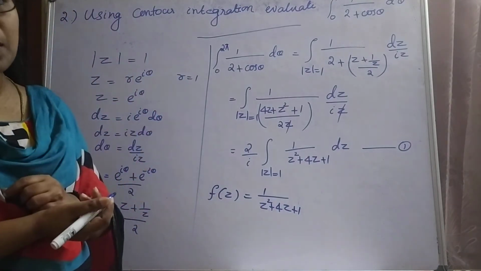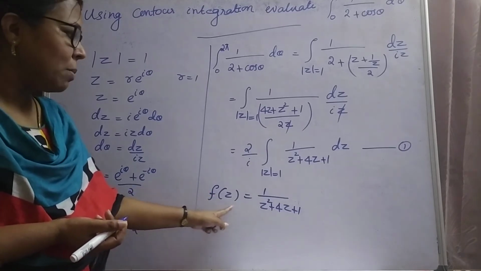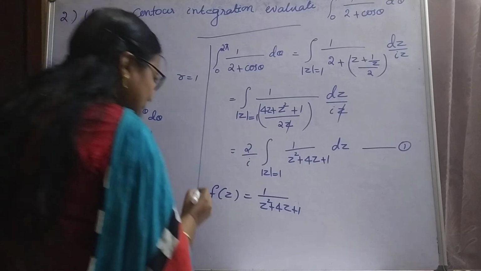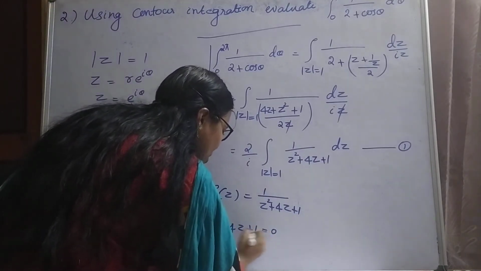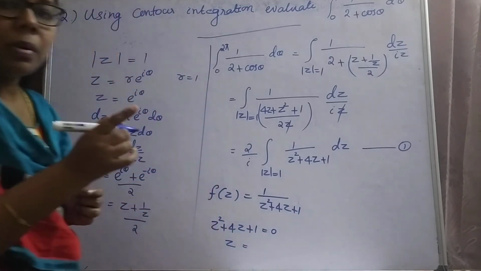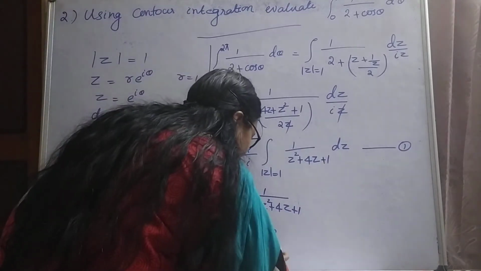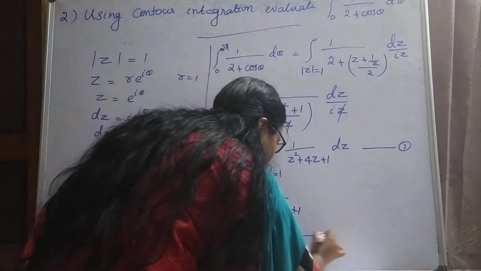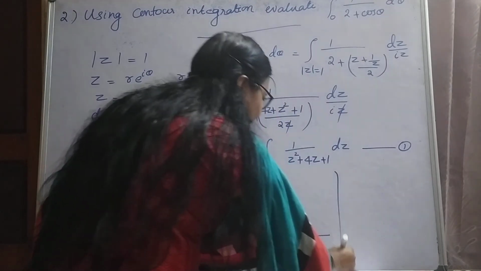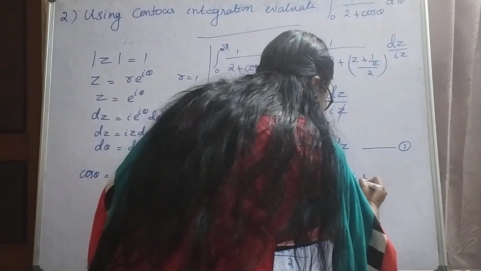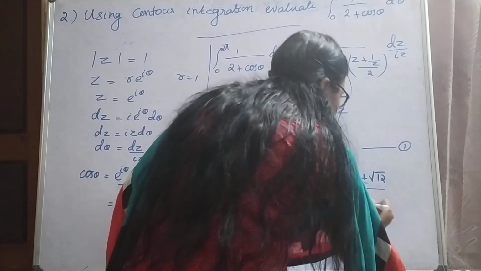Now we have to find the singular points. How do we find the singular point? Singular point is obtained by putting denominator equal to 0. That is z square plus 4z plus 1 equal to 0, which is a quadratic equation. Therefore z equal to minus b plus or minus root of b square minus 4ac by 2a, which is equal to minus 4 plus or minus root 12 by 2.